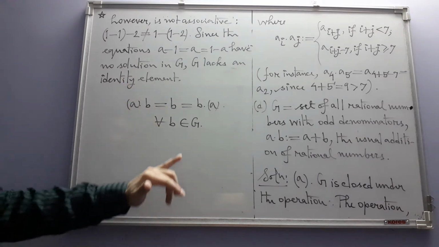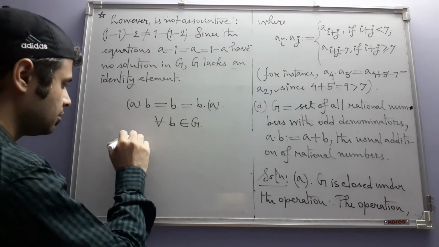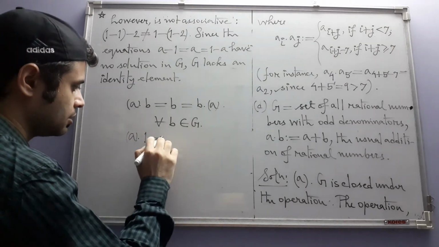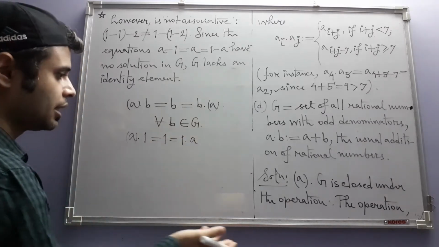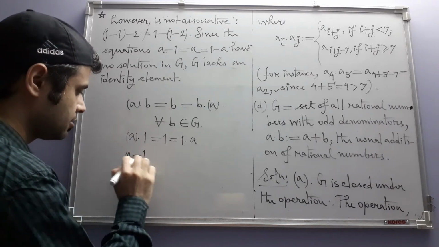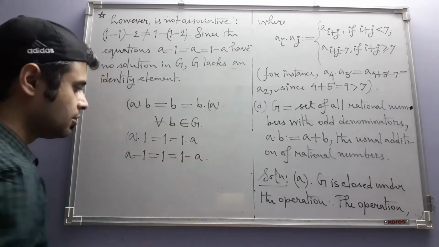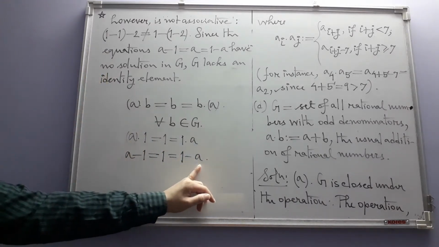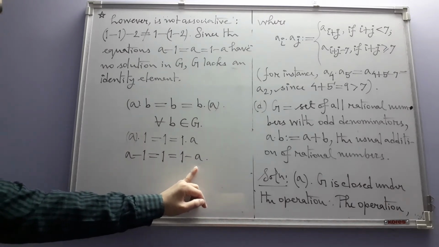Now in particular, in place of B we can take 1, so we should then have A dot 1 is equal to 1 dot A. But looking at the definition of this operation dot, this just translates into this. Now the question is, there is no integer A for which these equations are satisfied.